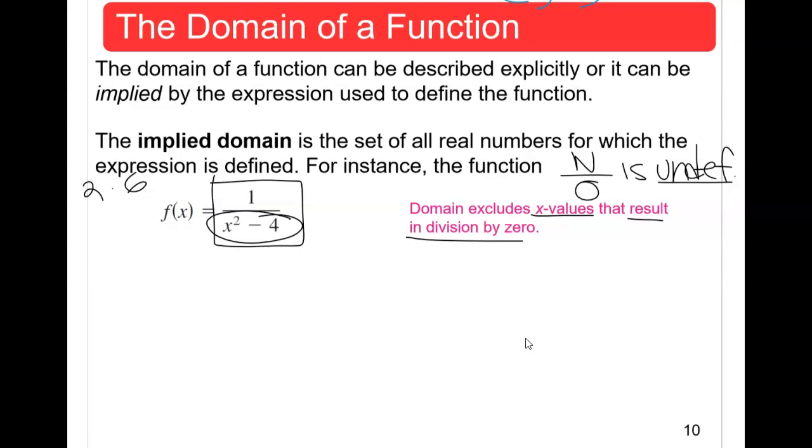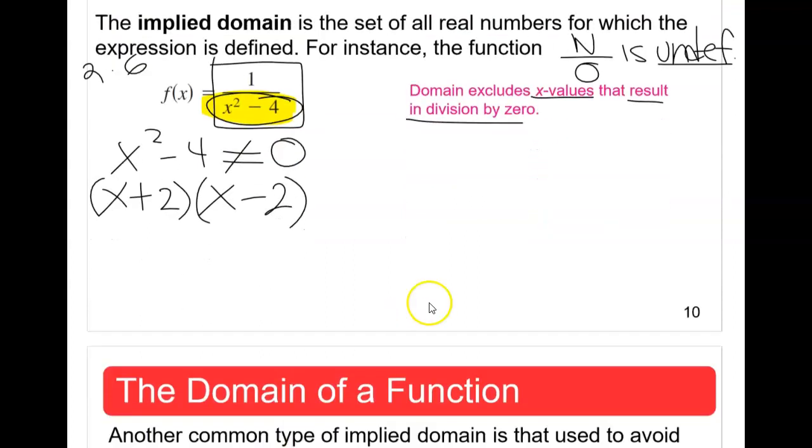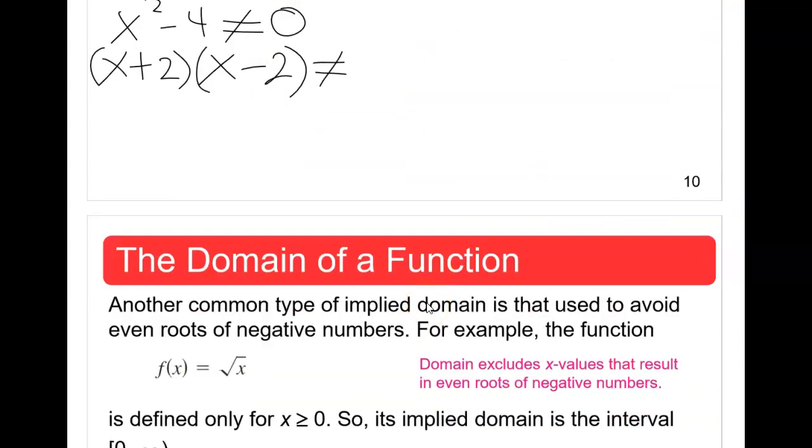So what we do is we take whatever is in the denominator, x squared minus 4, and we create an inequality saying that we don't want that to equal 0. From here we could solve it in two different ways. One will be to factor it as a difference of squares, (x plus 2)(x minus 2), where the square root of 4 is 2, and that does not equal 0.